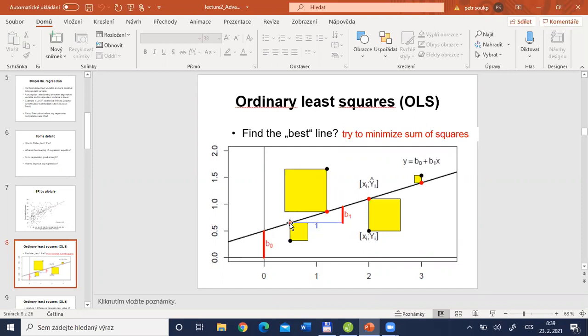So if you add one more unit on the x-axis, so increase, or sometimes of course decrease if the line would be going down, B1 says how much your dependent variable is increasing or decreasing.